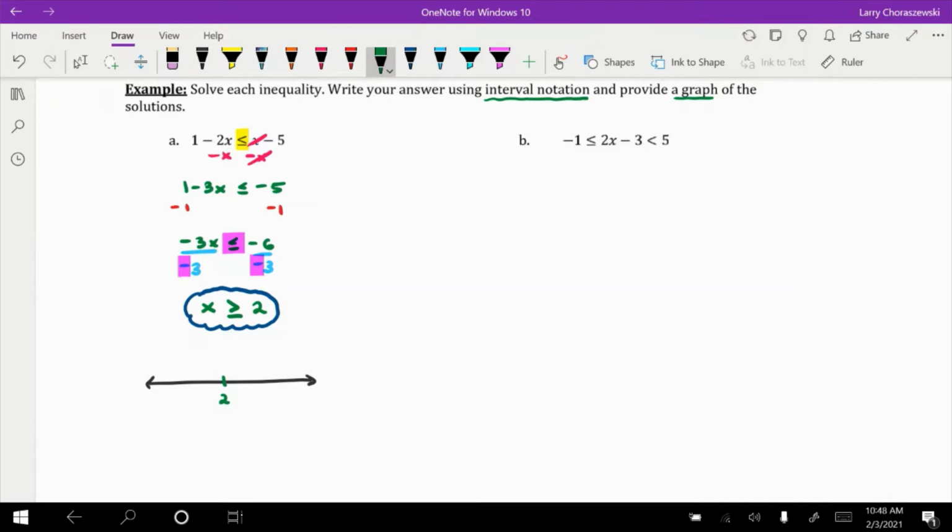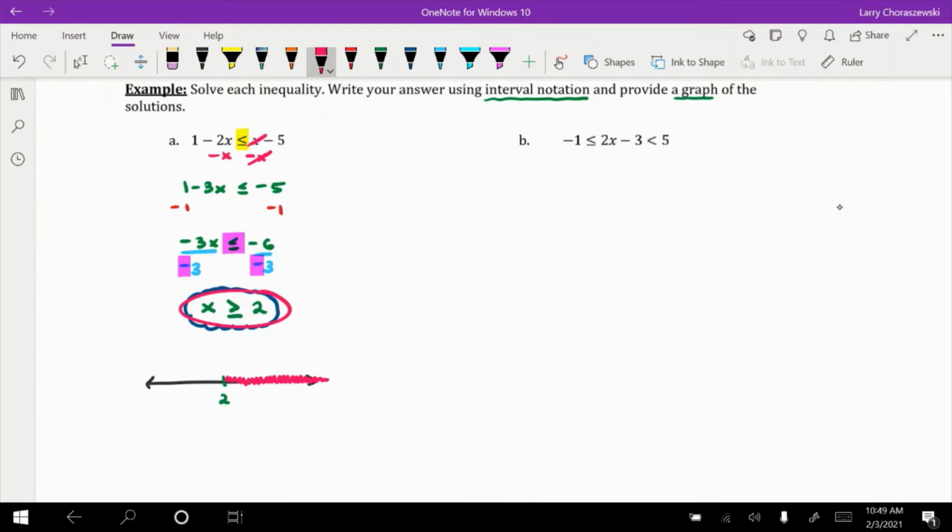This answer, x is greater than or equal to 2, wants us to focus on numbers that are larger than 2, but we could also include 2 itself. So if this is our number line, where do those values of x fall? Would they be to the left of 2 or to the right of 2? They'd be to the right of 2. And actually all these numbers that are to the right of 2 would satisfy our inequality x is greater than or equal to 2.